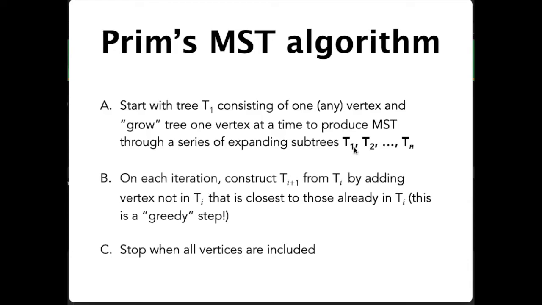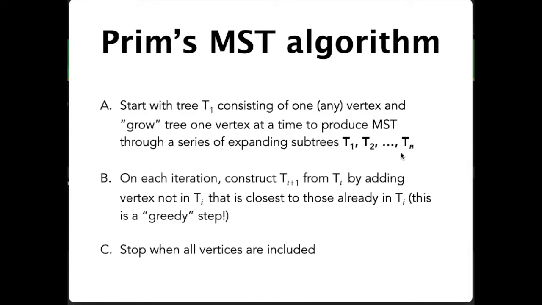So T sub 1 is a subgraph of T sub 2, T sub 2 is a subgraph of T sub 3, and so on. So nagdadagdag lang tayo ng additional vertex. So for T sub 1, we have one vertex, any arbitrary vertex, and then we add a second vertex. Then that's the T2, so may 2 vertices, hanggang sa makaabot tayo sa tree with n vertices.